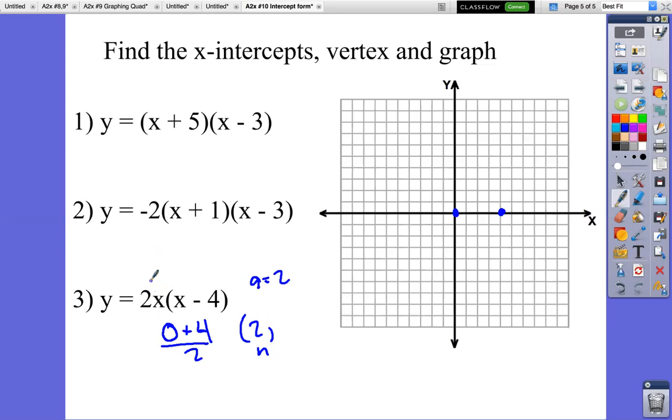So 2 times 2 is 4 times 2 minus 4. 2 minus 4 is negative 2, which is negative 8. Just like that. Any questions?